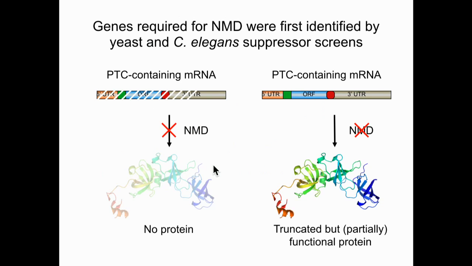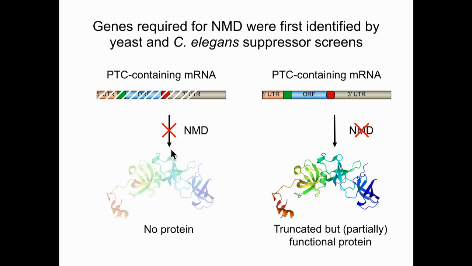Now, we're at this joint meeting, I really want to give a big shout out to the pioneering studies that understood the NMD machinery, which were originally carried out in yeast and C. elegans in the 80s and early 90s. So the basis of these screens that we used to identify the NMD machinery was essentially exactly the same as what I was just talking about in terms of ameliorating a phenotype by inhibiting NMD, in which they started off with mutant worms or yeast that contained PTC-containing mRNAs.